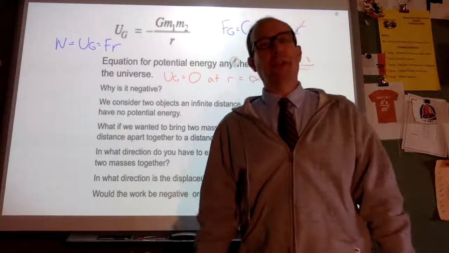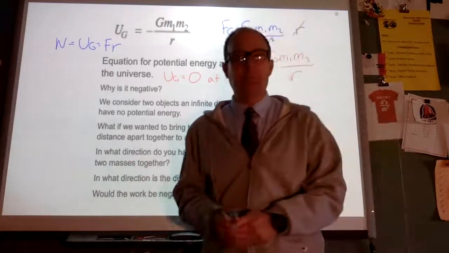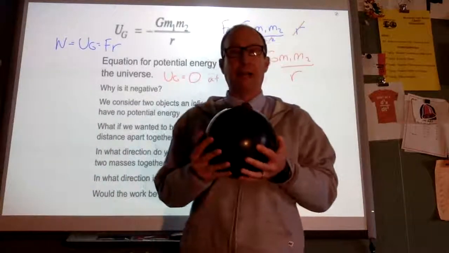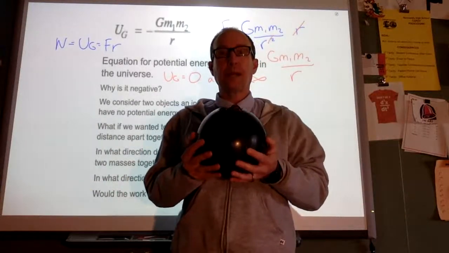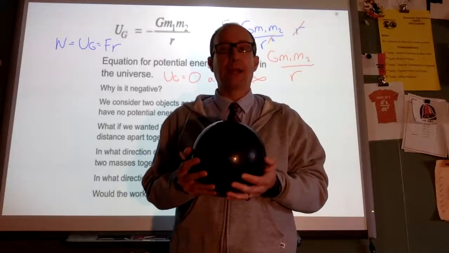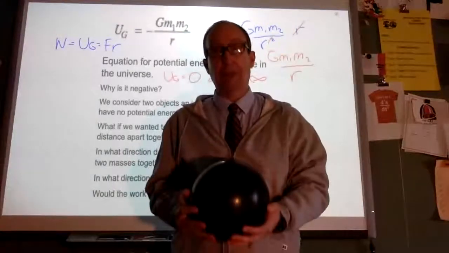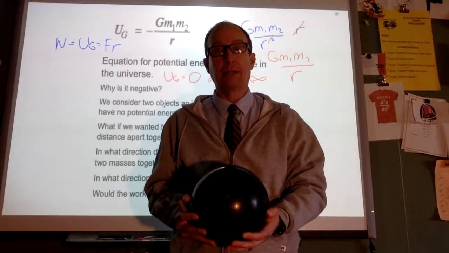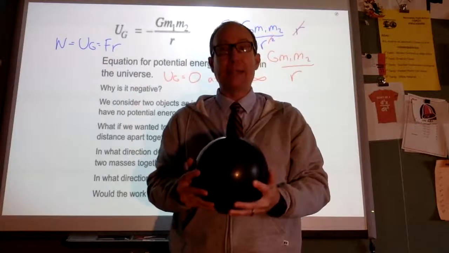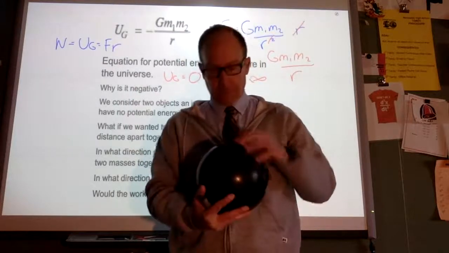So at an infinite distance away, the potential energy is defined as zero. Now, we haven't talked about conservation of energy yet, but if you think about Lotsie again, when I lift Lotsie up and I give it an amount of potential energy and I let it go, I can turn that energy into energy of motion. And it's going to be moving with a certain amount of motion by the time it gets to the ground. The higher I go up, the faster I would expect Lotsie to be as it got down to the tiles.